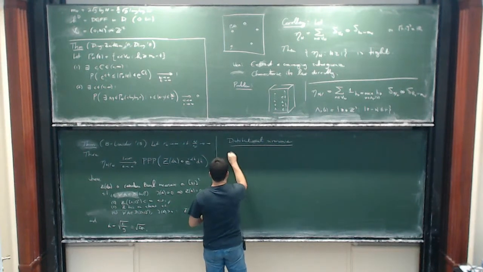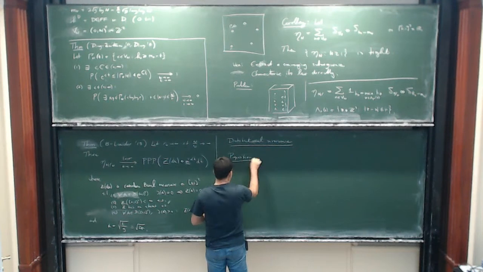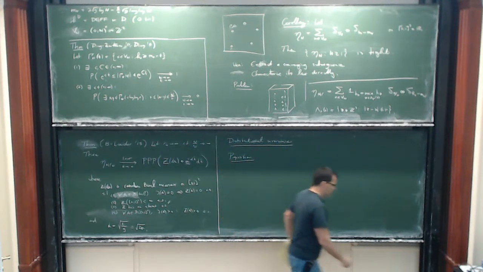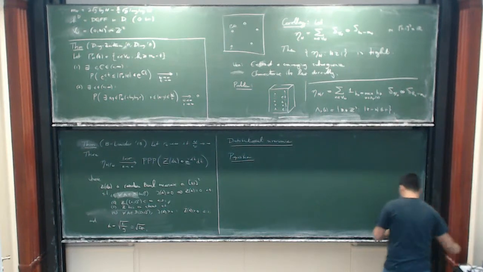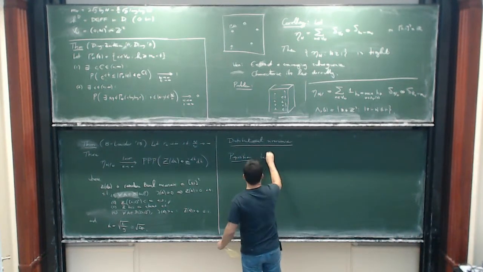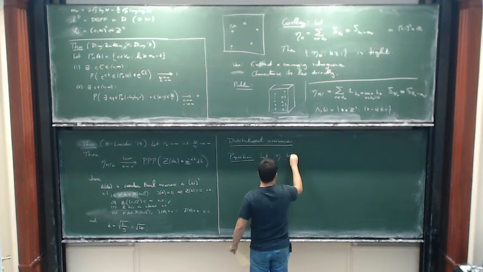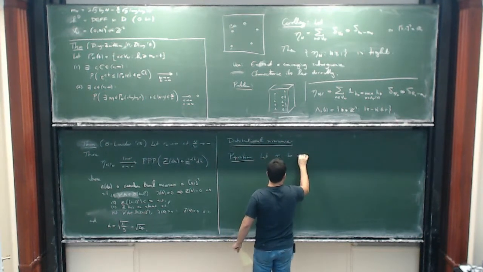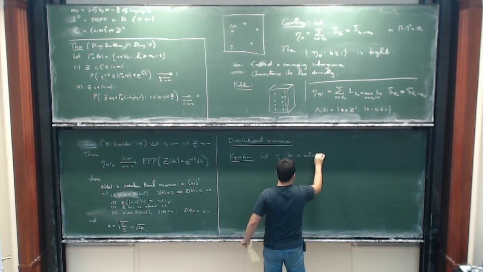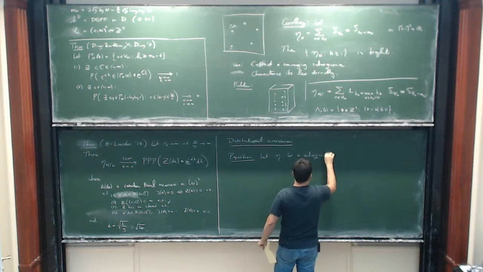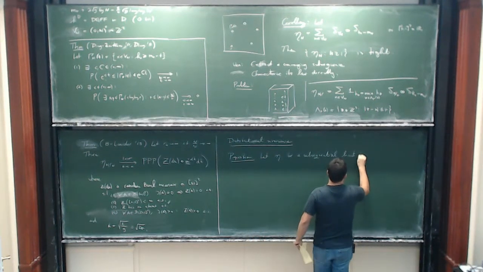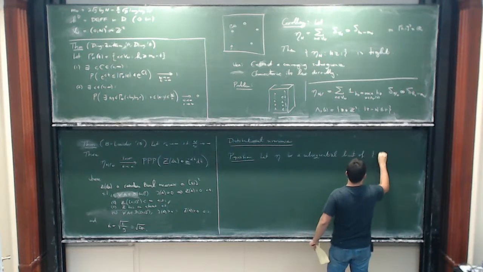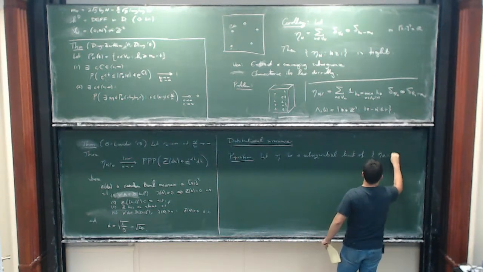So here's a proposition. The proposition says: let eta be a subsequential limit of the processes eta n and Rn.